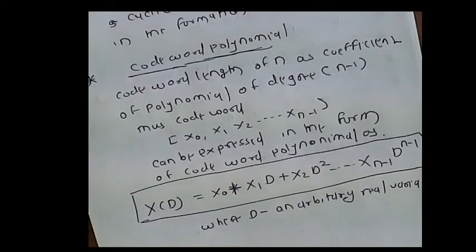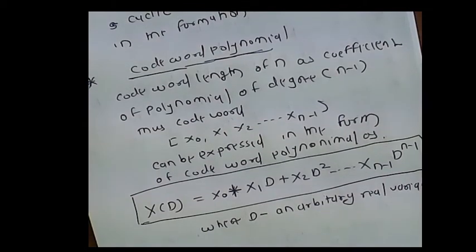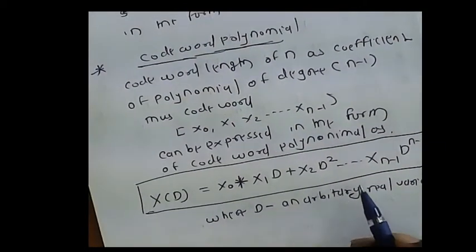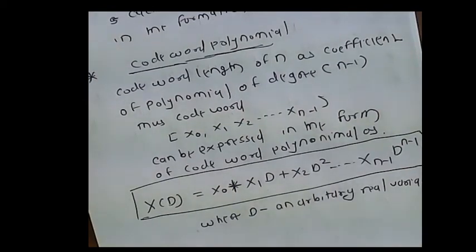Now some important conclusions from the code word polynomial. For binary codes, the coefficients x0, x1, x2 up to xn minus 1 are in the form of ones and zeros.